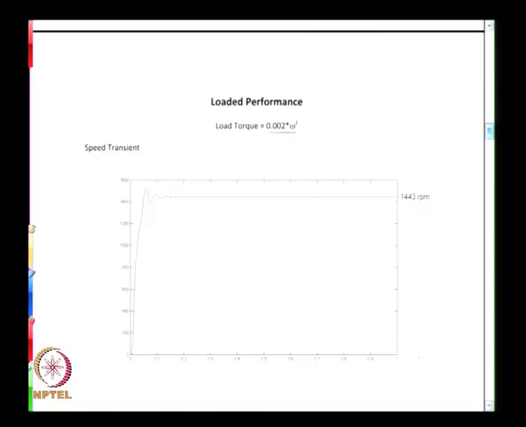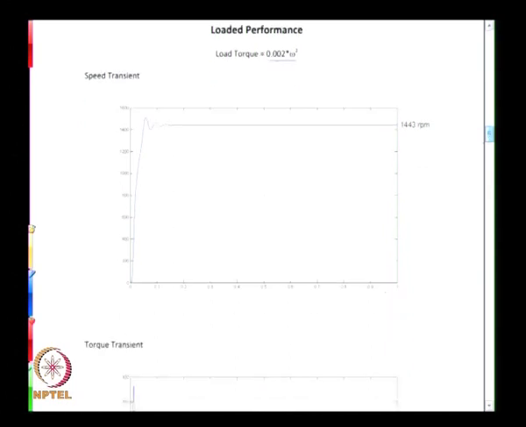And with this then again if we look at the speed transient, the x axis is again time in seconds and the y axis is speed in RPM. We see now that the speed rises in a manner which is very similar to what we saw in the last case.